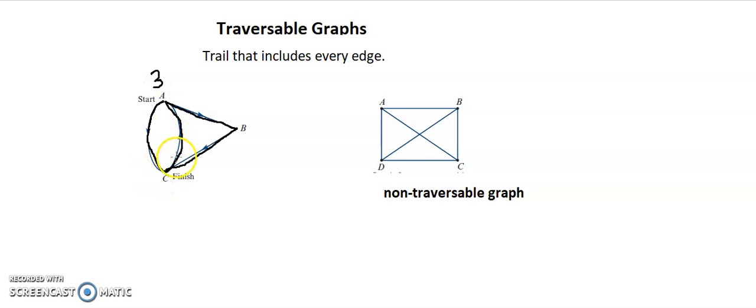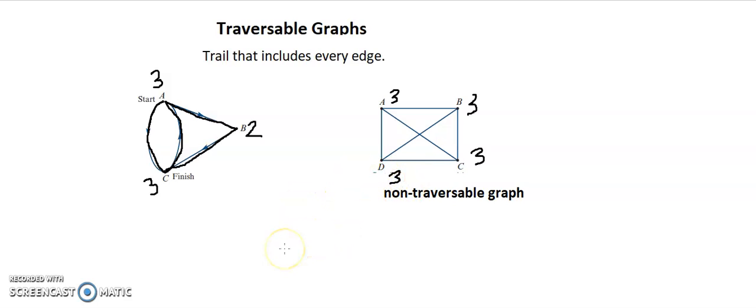C has got 1, 2, 3 degrees, and B has got 2. If I look over at this graph, A has got 3 degrees, B has got 3 degrees, C has got 3, and D has 3.